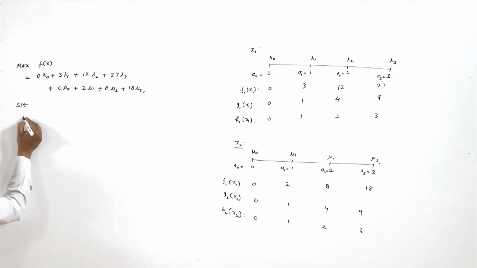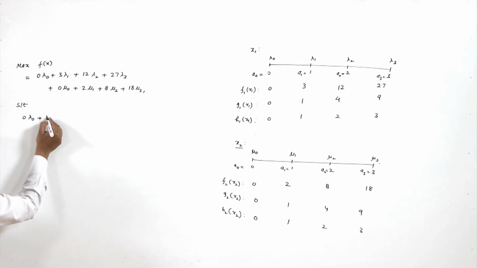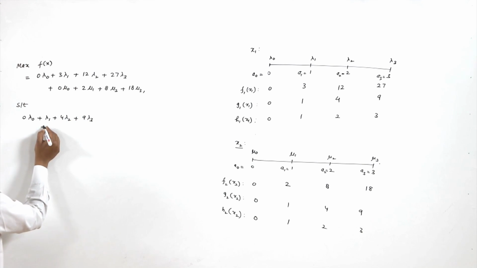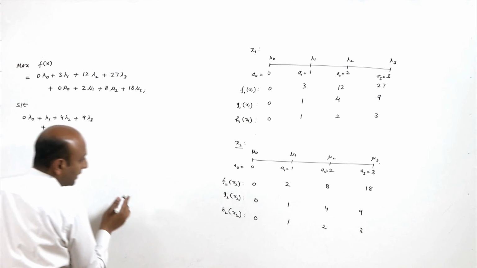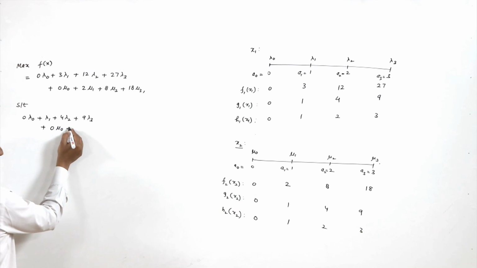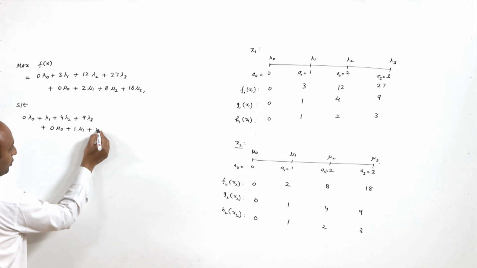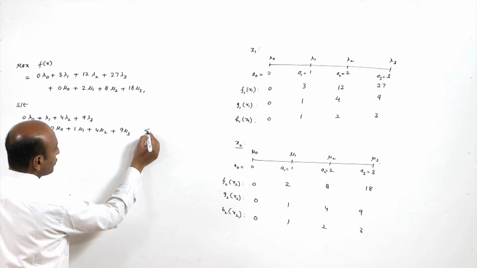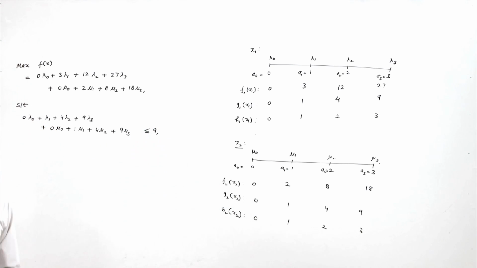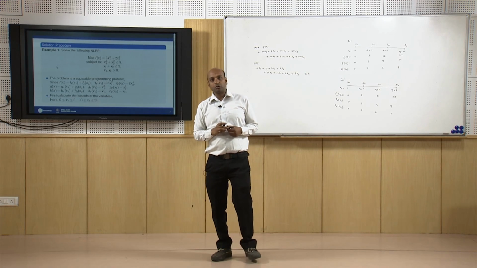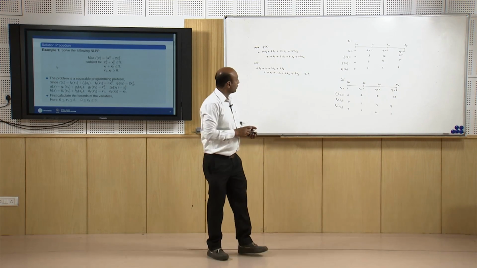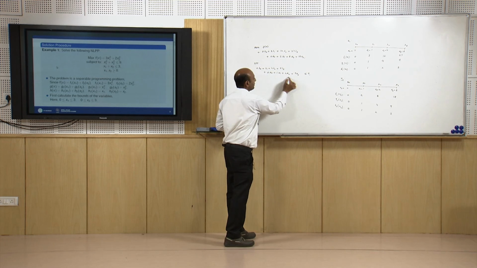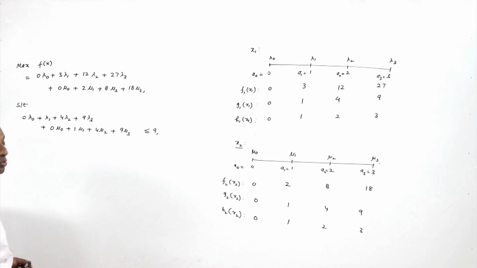So, it is 0 lambda naught plus 1 lambda 1 plus 4 lambda 2 plus 9 lambda 3 plus corresponding to G2 x2, it is 0 mu naught plus 1 mu 1 plus 4 mu 2 and 9 mu 3, and it is given to us it is less than equal to 9. It is given in the problem that x1 square plus x2 square is less than equal to 9. So this is the linear approximation of x1 square and this is the linear approximation of x2 square, and the sum must be less than equal to 9.